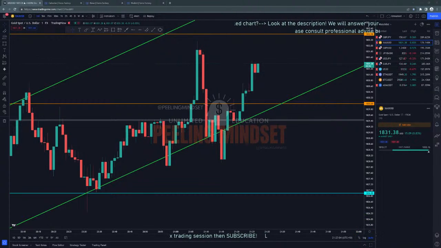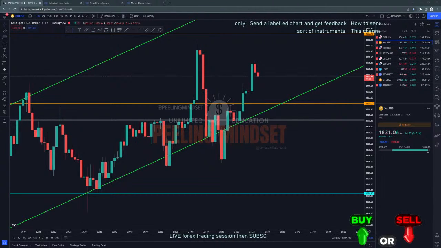If I can't do it, that just doesn't make sense to me. Oh, it looks like it's going to move up here. Need to break the high. Retracing. Yeah, that's right.